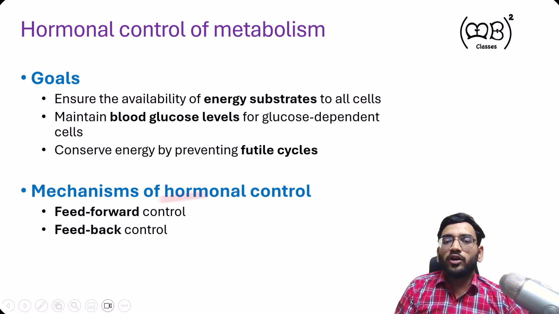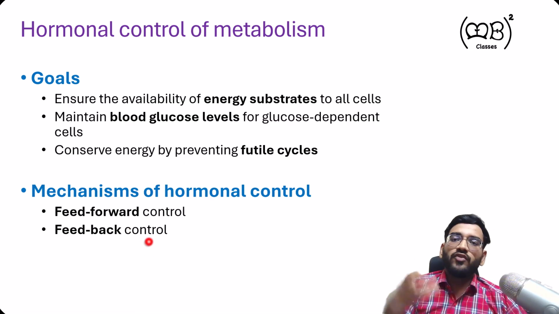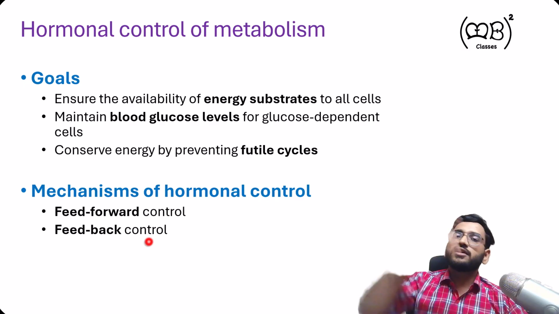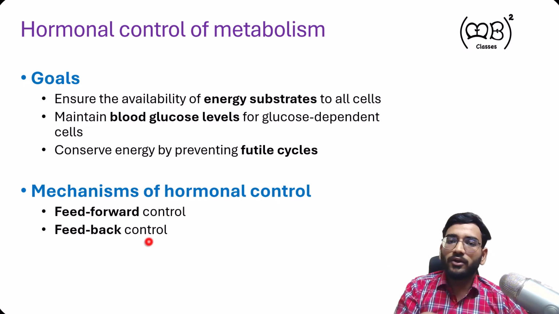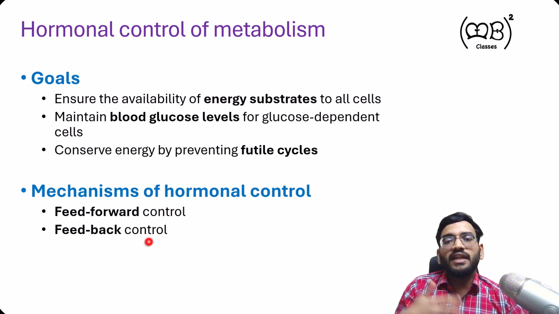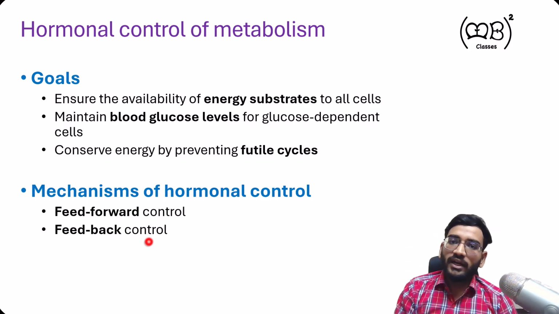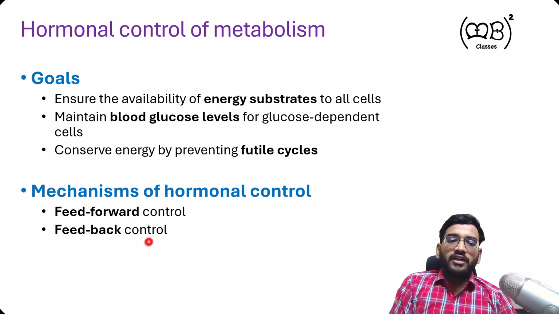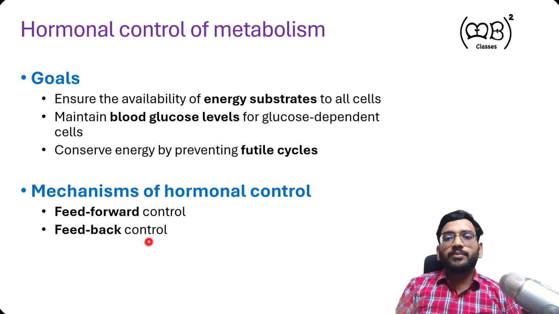Then the mechanisms of hormone control would be feed forward control and feedback control. Feedback control is very simple. If the glucose is increasing, then there will be increased insulin. The insulin will decrease the glucose levels. That is the feedback control. But feed forward control is the incretin mechanism that you might have read in the GI lectures. Feed forward control is anticipatory control.